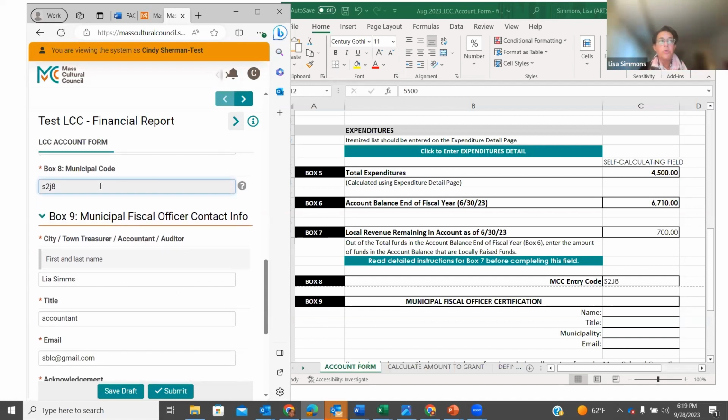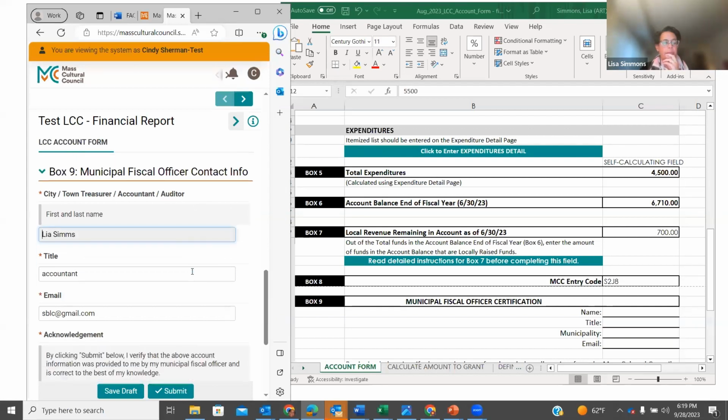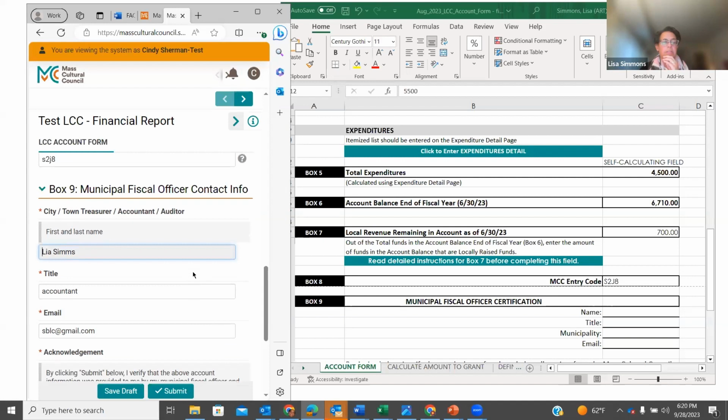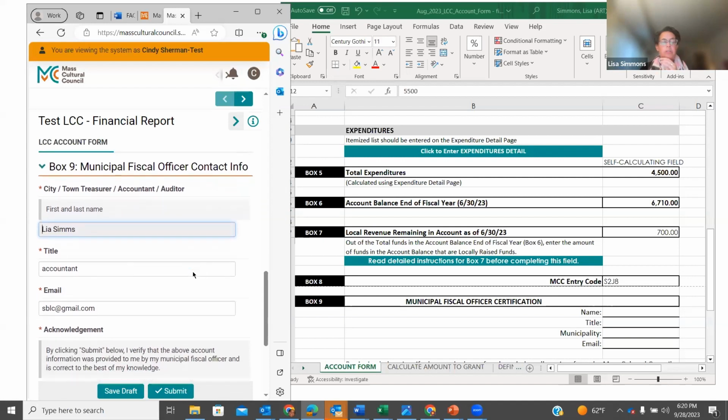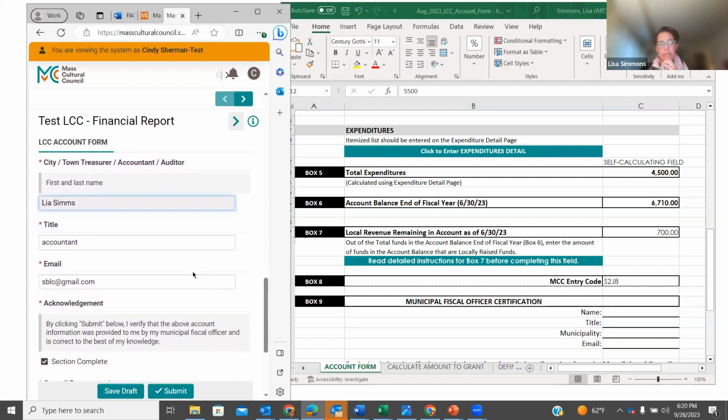So the municipal code for every LCC this year is the same. The reason for the municipal code is to make sure that you are meeting with your town accountant and that you are both agreeing on what the amount of money in your system is. So we're going to put that in, and then this is the part where we want to make sure we know who the fiscal officer is in case we need to contact anybody.